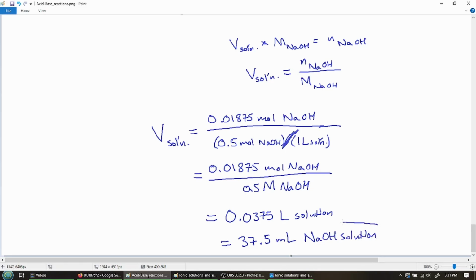And this is how many would be needed to neutralize the amount of HCl solution that we started with.